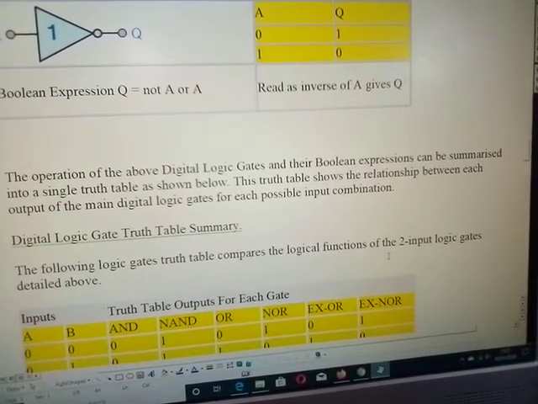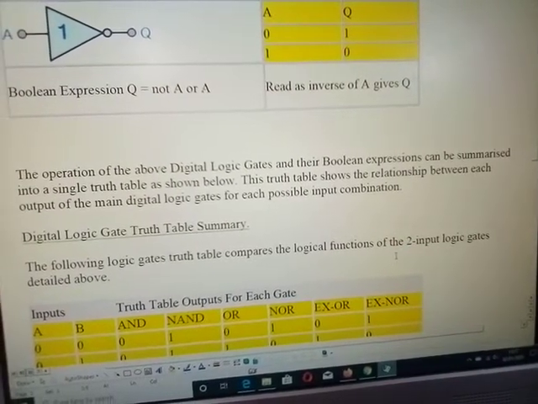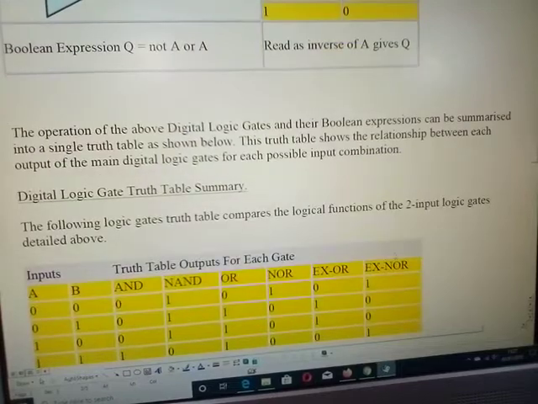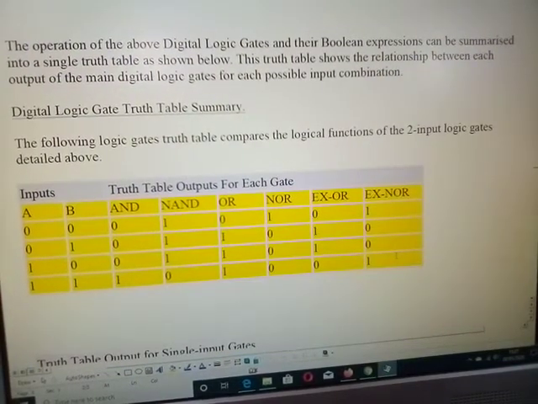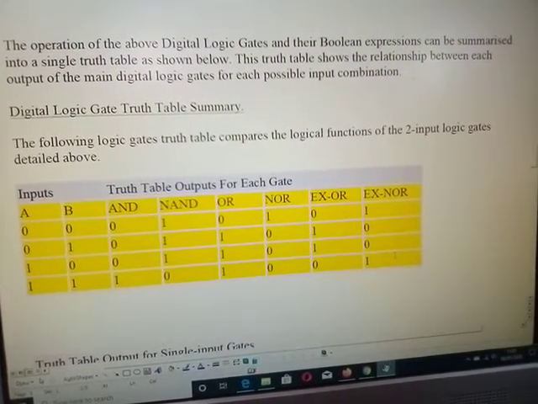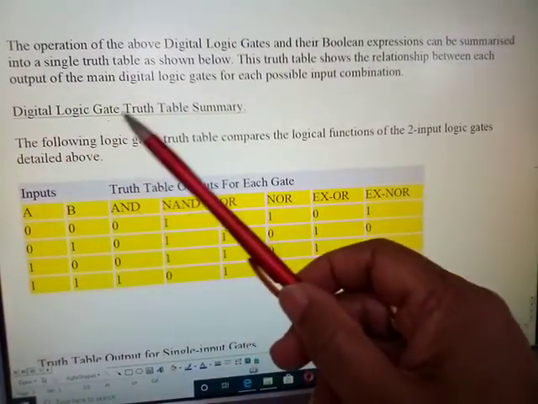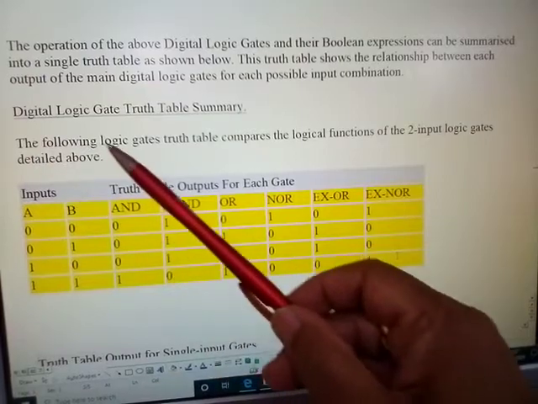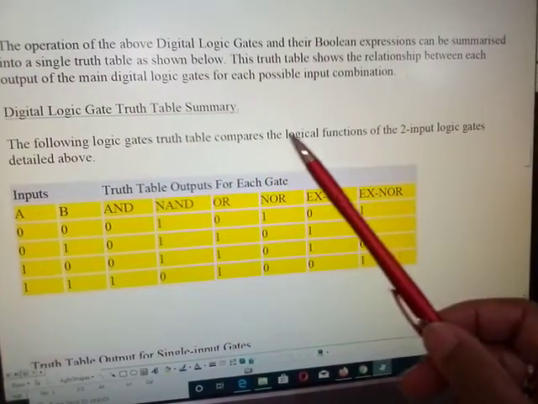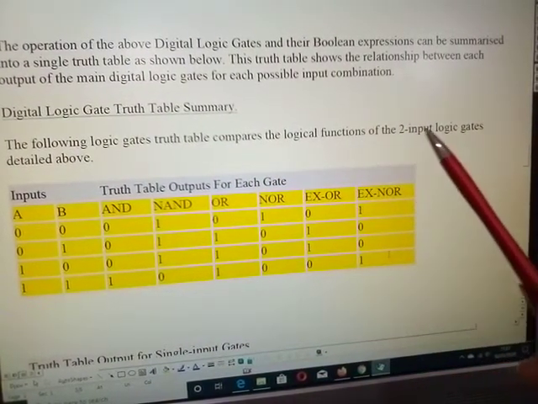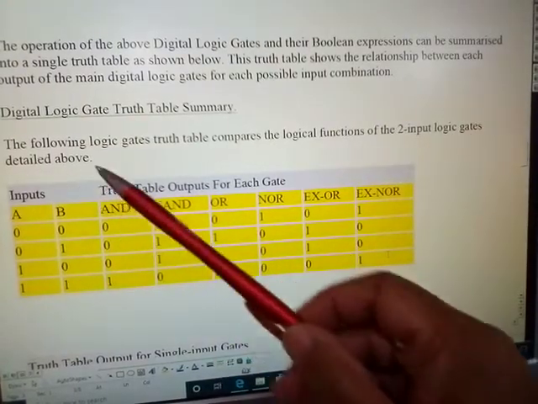Okay. Now, digital logic gate truth table summary. The following logic gates truth table compares the logical function of the two input logic gates detailed above.